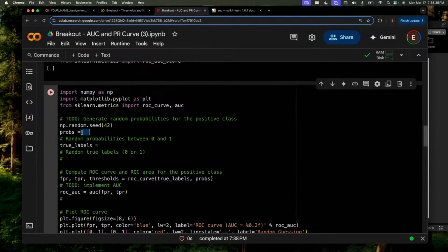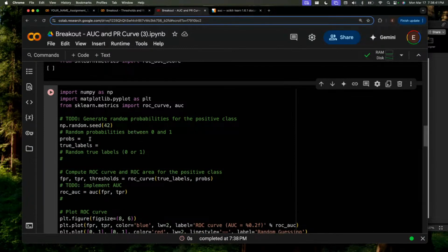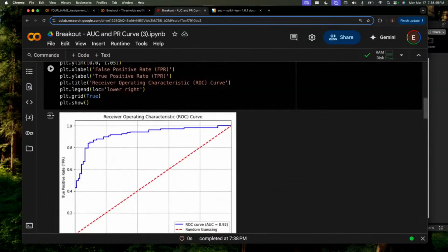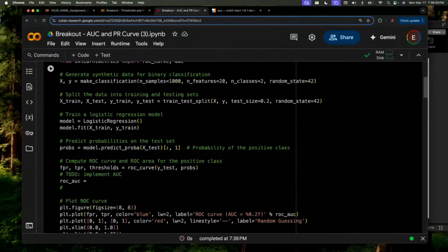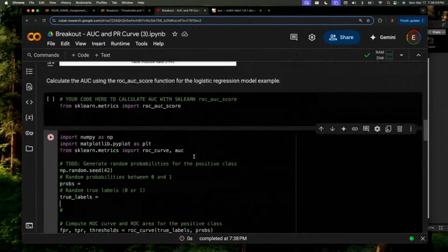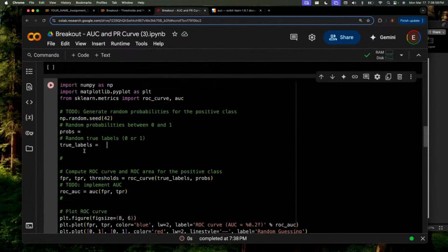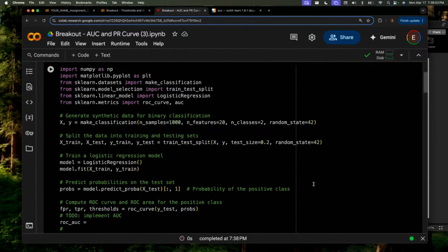One moment. Is this something from above? Not sure.